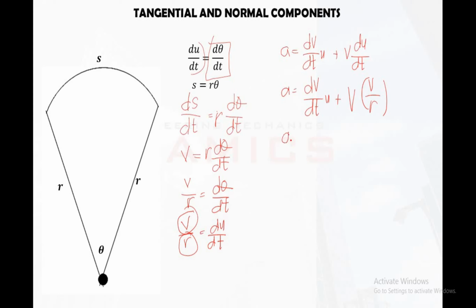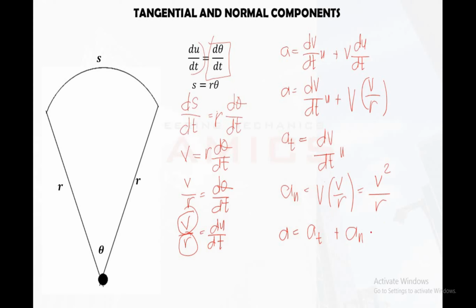And yung ating tangential acceleration, that is your dv over dt u. Yung ating normal acceleration, that is your v times v over r, or simply that is v squared over r. And from this, I can say that acceleration is equal to your tangential acceleration plus normal acceleration.